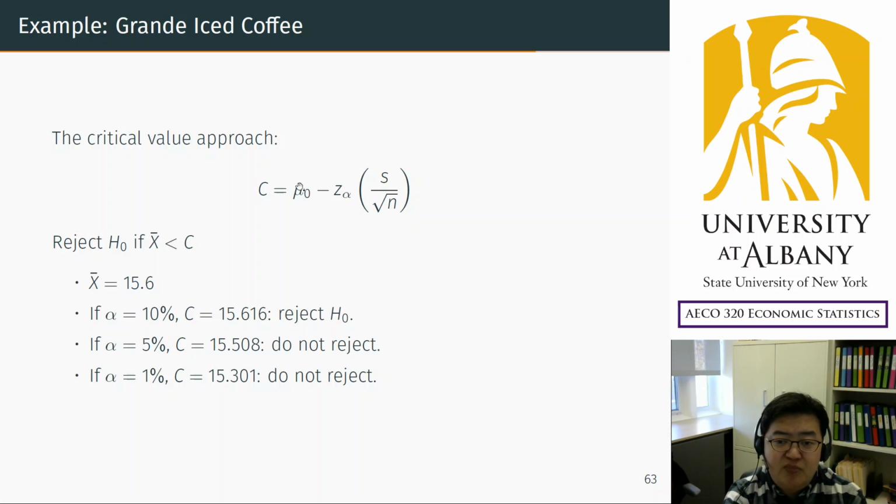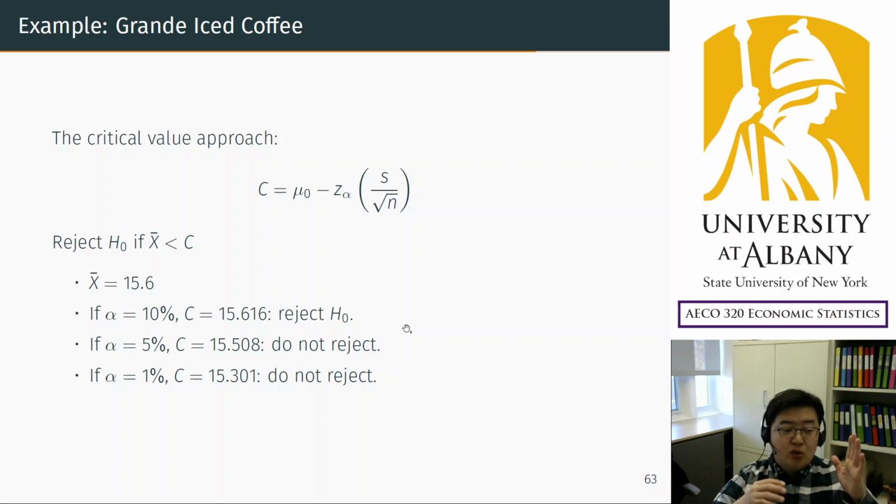Otherwise, the same. mu0, S, square root of n are the same guys. So plug in the numbers. And at 10%, the critical value is 15.616, at 5% 15.508, and at 1% 15.301.